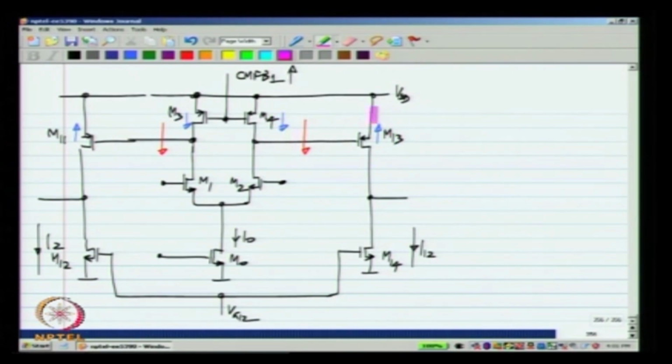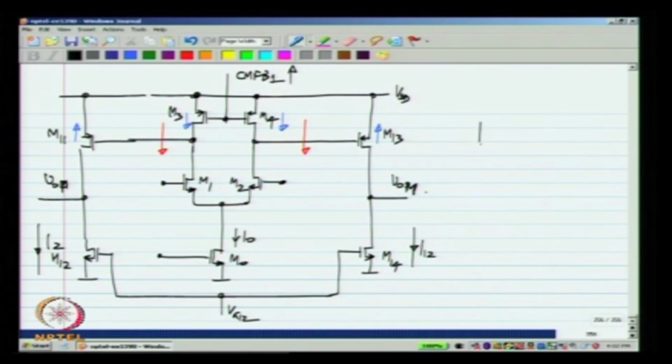So, it looks like we do not need two knobs to control these two, we can perhaps just control only this single voltage CMFB1 and adjust the output common mode voltages, stabilize the output common mode voltages of both the stages, okay. And the way to do that is, let us say this is VOP and VOM.